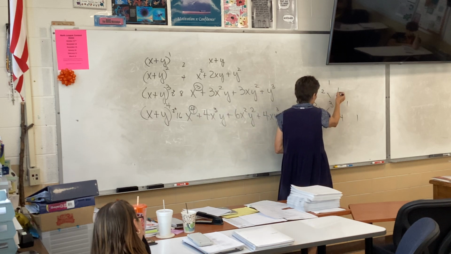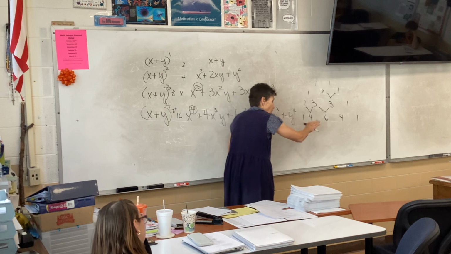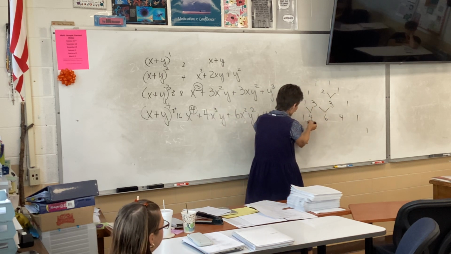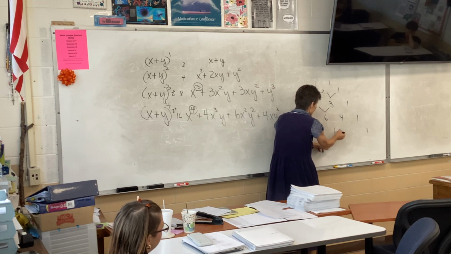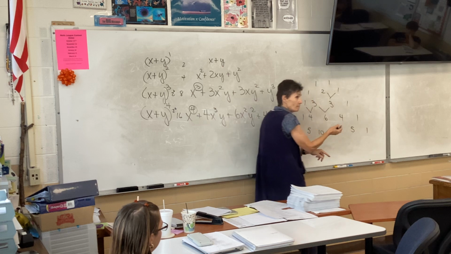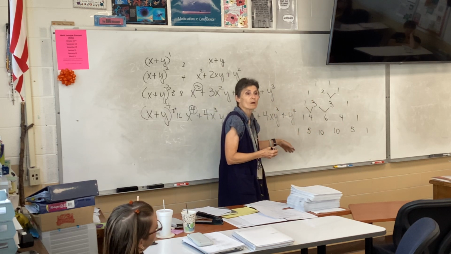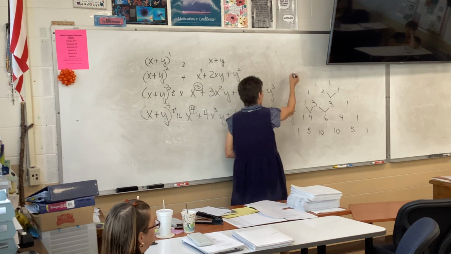And that 3 came from 2 and 1 and so on. So the 5th row would start and end with a 1, and then what would go here? 5, 10, 10, 5, and 1. And then could you build the 6th row and the 7th row and so on forever and ever? Sure you could. This is called Pascal's triangle.